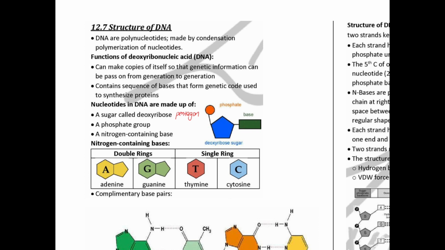So just now I went through nitrogen containing base, where I said there are double rings, which is adenine, guanine. Single ring we have thymine and cytosine. So these are the bases, and remember that the function of the bases here is to form genetic code, so that they can make different kinds of proteins.